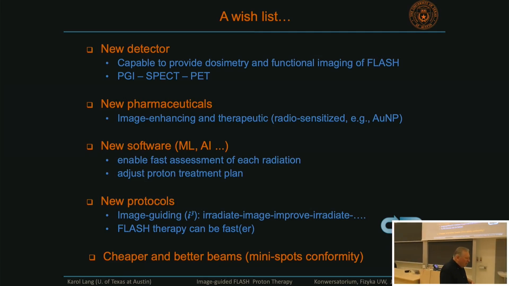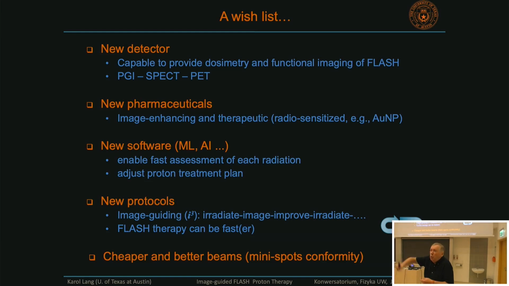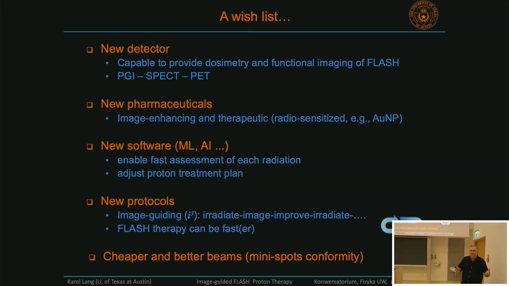There are lots of things, in addition to new software, new protocols, and cheaper and better beams. So essentially you can do a do loop of all the features of the treatment to improve all of that, and nobody wants to listen to this because it's just too disruptive.